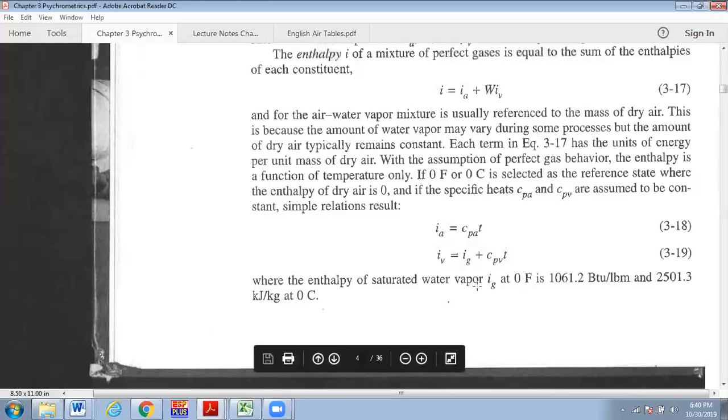You can go to the steam tables and look up the enthalpy of saturated water vapor at 0 Fahrenheit, which is 1062.1. If you're doing metric units, you look it up at 0 degrees C, and it's 2501.3.